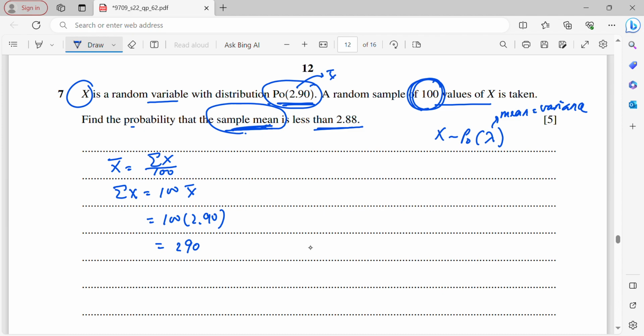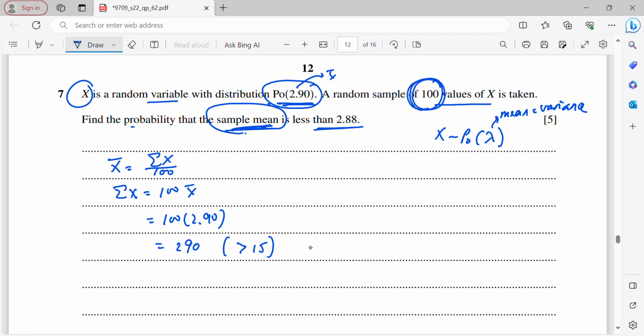So the summation X is 290. Okay, so which means it is greater than 15. Then now I need to approximate to normal.